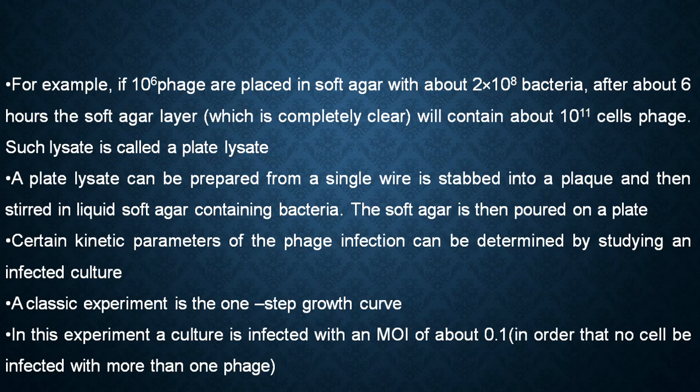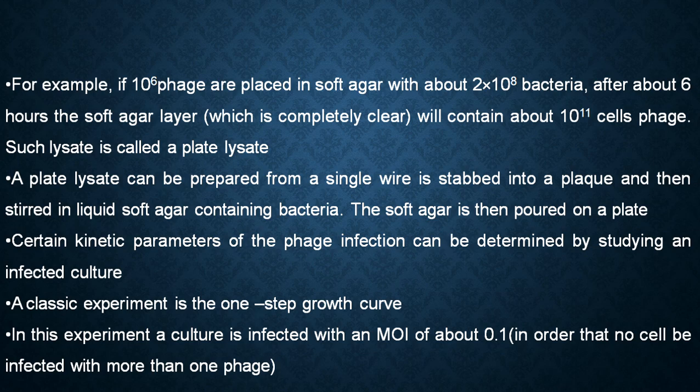Such a lysate is called a plate lysate. A plate lysate can be prepared from a single wire stabbed into a plaque and then stirred in liquid soft agar containing bacteria. The soft agar is then poured on a plate.